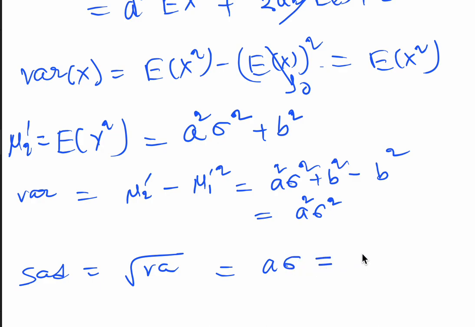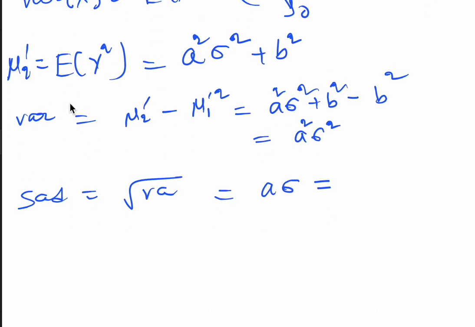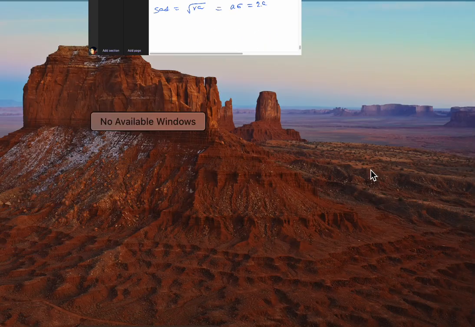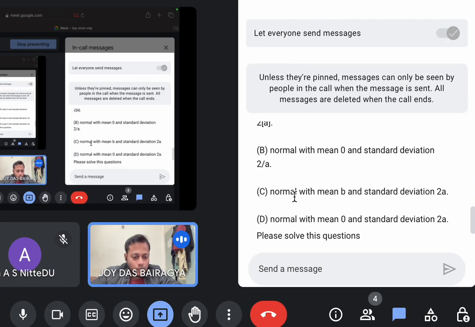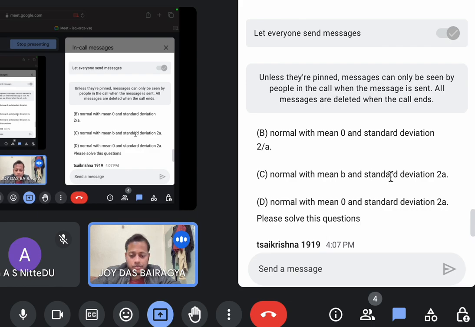Sigma square equal to 4, so sigma equal to 2, so this is 2a. So this will be a normal distribution with mean b and standard deviation 2a.